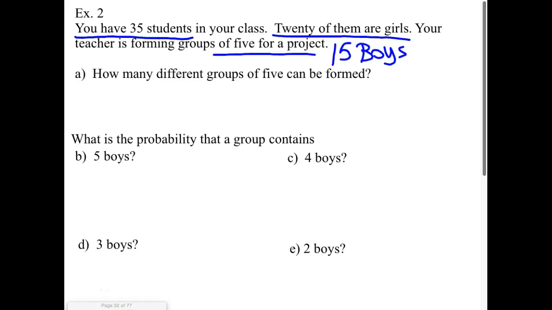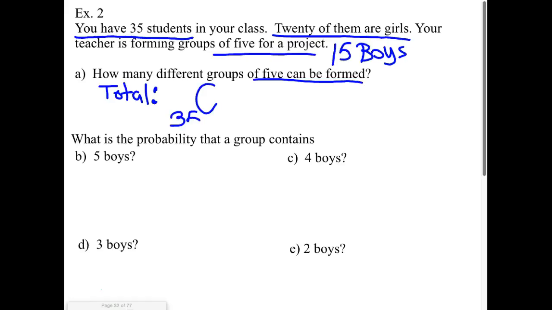So it says, how many different groups of 5 can be formed? Again, reminder, this is a combination. It doesn't matter the order in which we pick. This is talking about our total, which is what's going to be on the bottom of all of our probability fractions. We have a combination, and it says group, so it doesn't really matter if they're boy or girl.